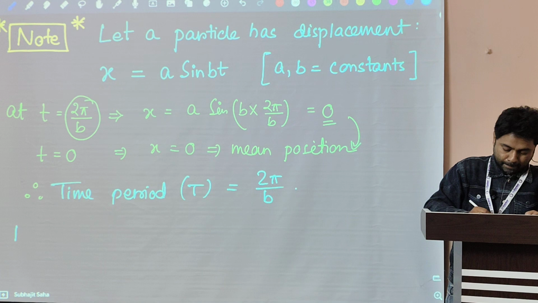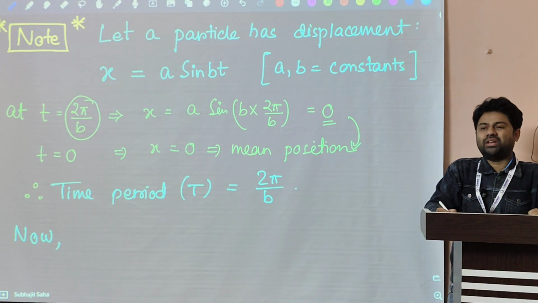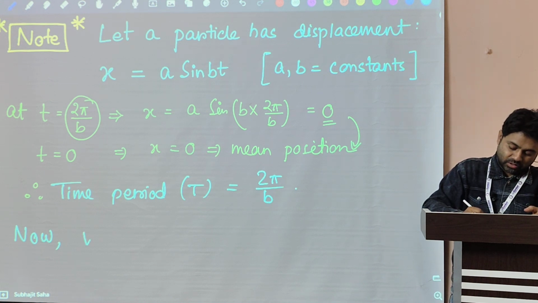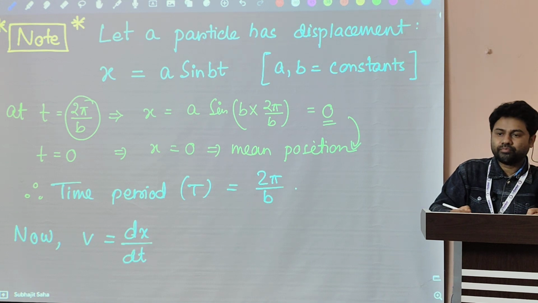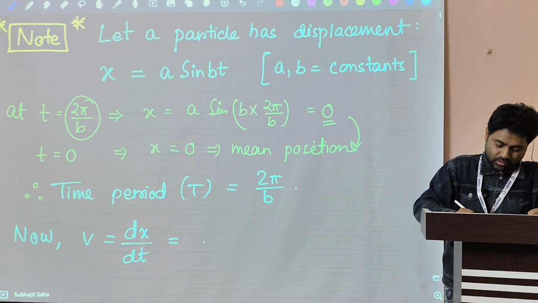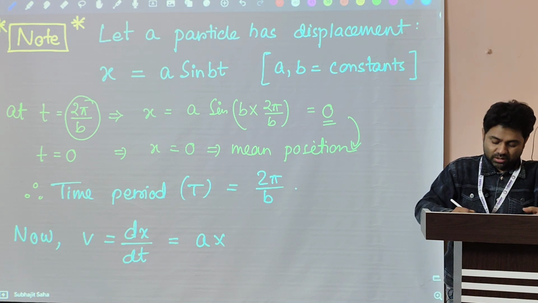Now, let's find the velocity of the particle, v. Velocity will be given by dx/dt. Take the derivative of a sin bt first. Sin bt's derivative would be cos bt, and then bt's derivative would be b.